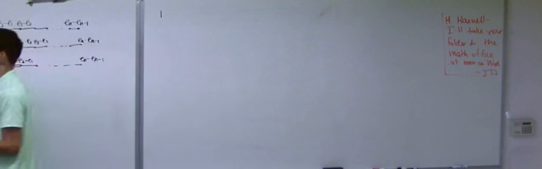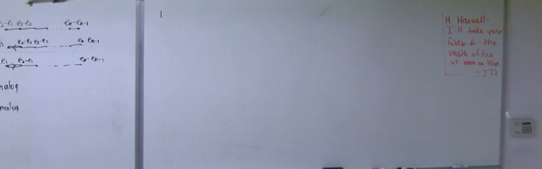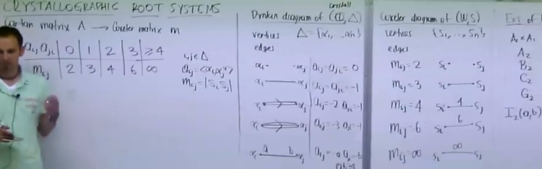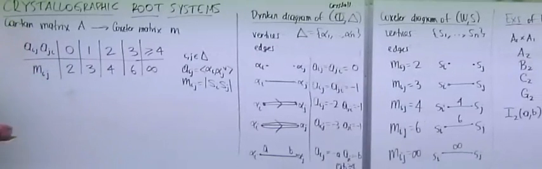So what happens now? We were talking about Cartan matrices, right? So remember that what we're trying to do is to classify crystallographic root systems. We said that a crystallographic root system was basically the same thing as a Cartan matrix that was integer. So we're classifying Cartan matrices.